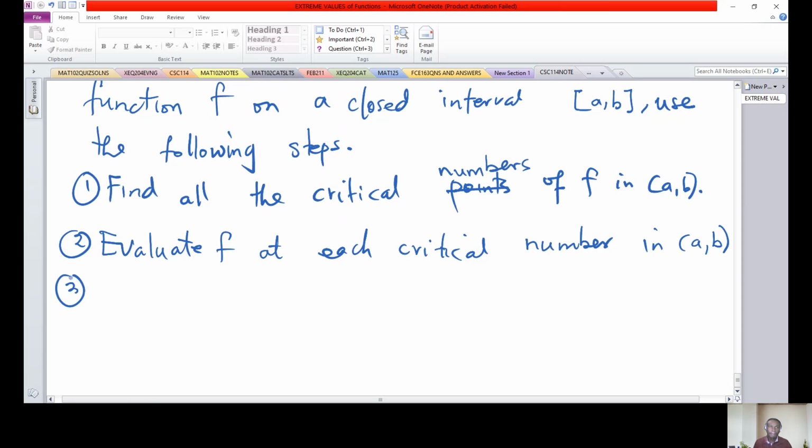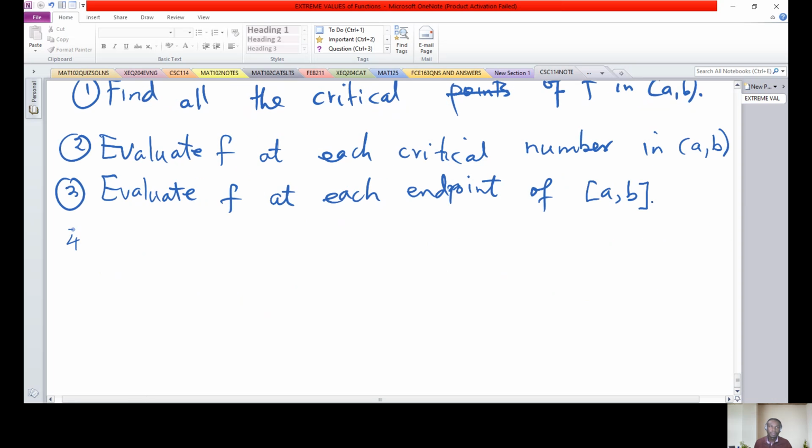And then number 3, evaluate f at each endpoint of the closed interval [a, b].